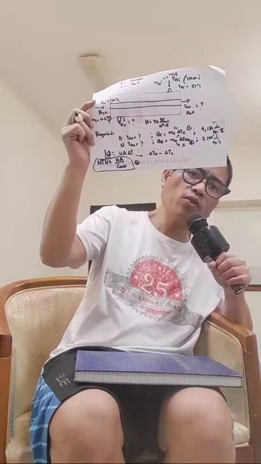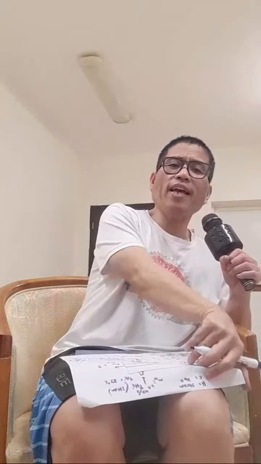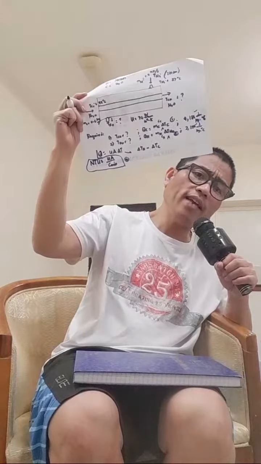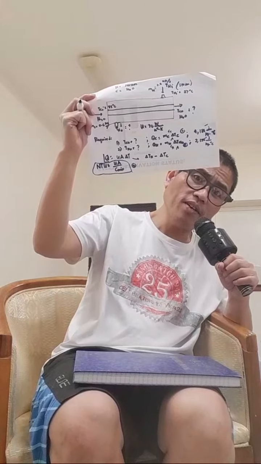Now, the U is again the overall heat transfer coefficient, the convective heat transfer coefficient. The A is the area. And then the C min, the minimum specific heat capacity, how can we compute for this?